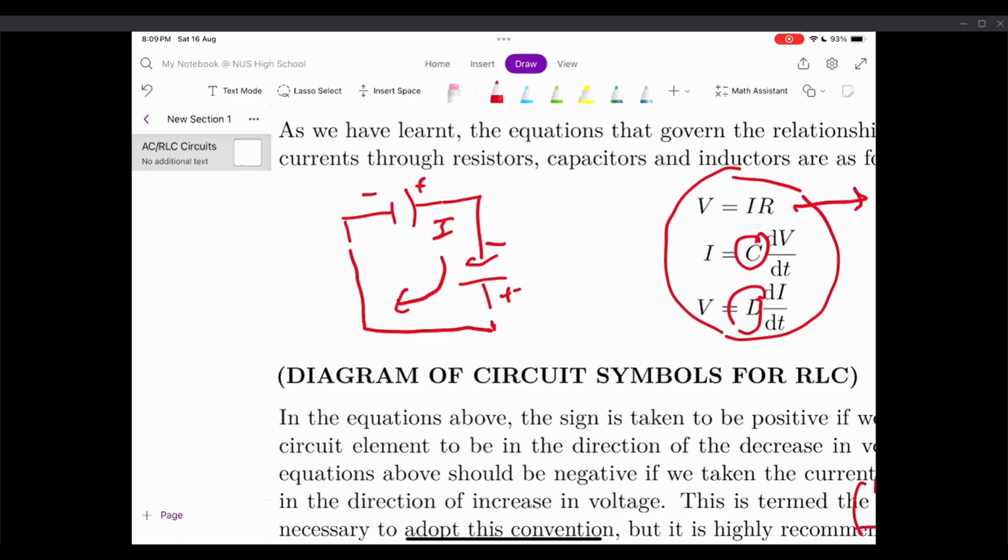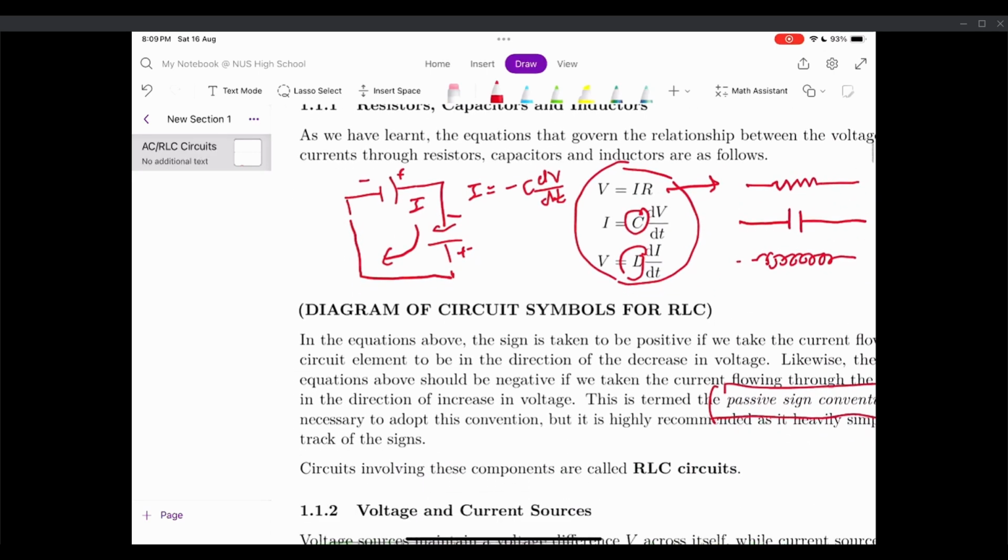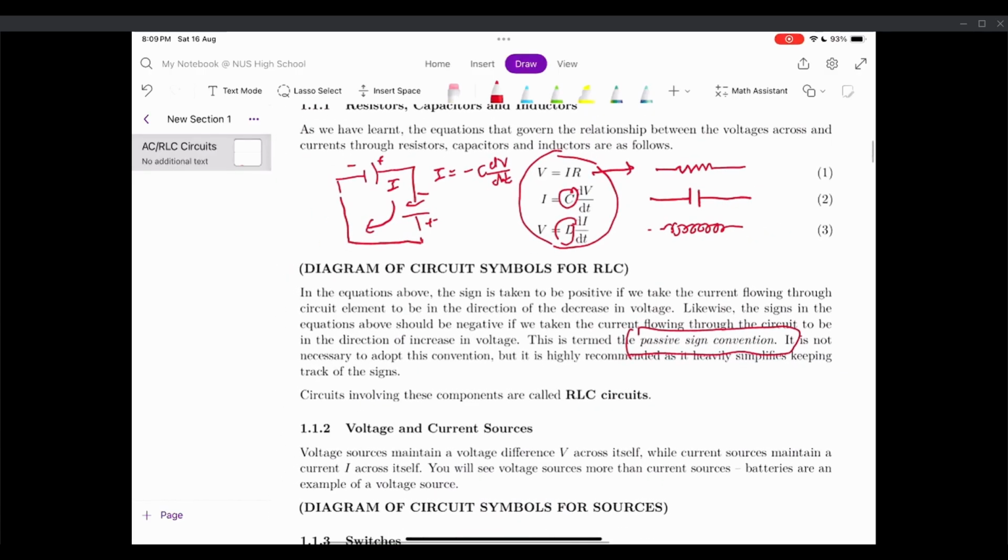So in this case, since your current is flowing in the opposite direction of potential drop, because clearly here it's going from minus to plus, you assign your equation to be I equals minus C dV/dt. The reason is that your current flows in the opposite direction to potential drop, which is potential gain. This is the passive sign convention.